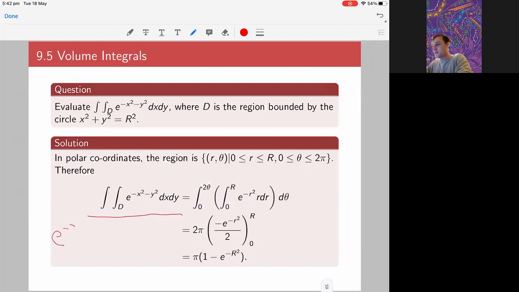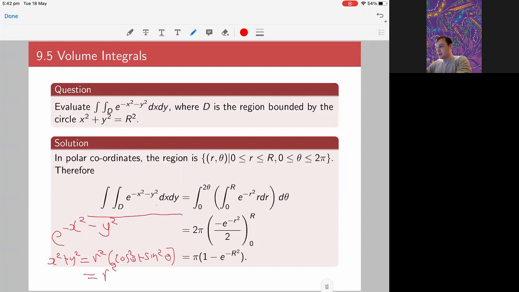Now, if x is equal to r cosine theta and y is equal to r sine theta, then x squared plus y squared is equal to r squared times (cosine squared plus sine squared of theta). And this is just equal to r squared, because cosine squared plus sine squared is always equal to 1 if you're looking at the same angle.